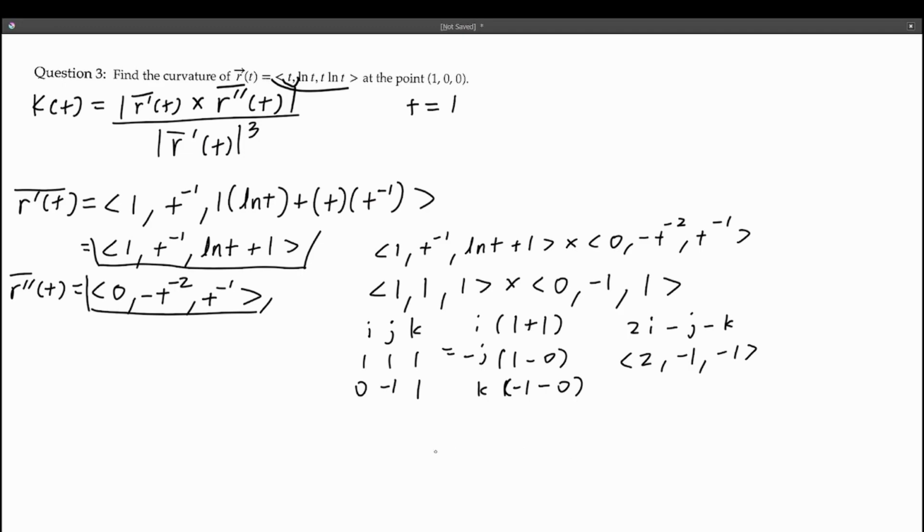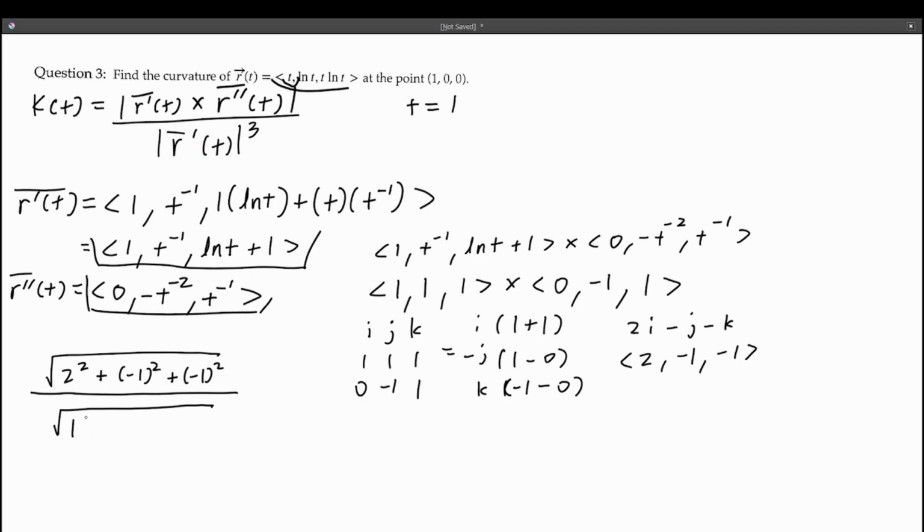The magnitude of the cross product is equal to the square root of 2 squared plus negative 1 squared plus negative 1 squared, over the magnitude of the first derivative, which as we know is ⟨1, 1, 1⟩.